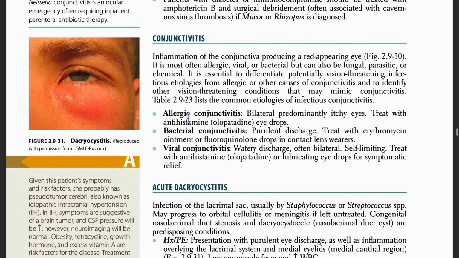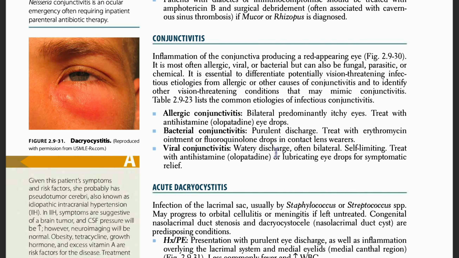There's allergic conjunctivitis, bilateral, predominantly itchy eyes, treat with antihistamine, olopatadine eye drops. Bacterial conjunctivitis, purulent discharge. In bacterial conjunctivitis, you will have purulent discharge. Treat with erythromycin ointment or fluoroquinolone drops in contact lens wearers.